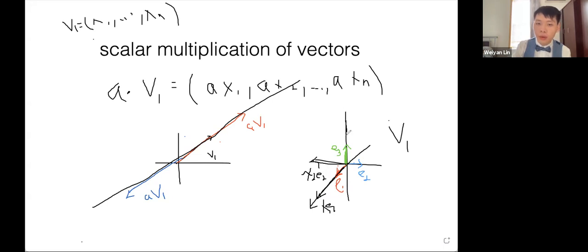And finally for E3, this is your X3 E3. And now you add these three vectors together, right? The first two vectors together give you the diagonal vector. Again, now you add this and the X3 E3. Now you have the diagonal vector of this parallelepiped. Does that make sense?